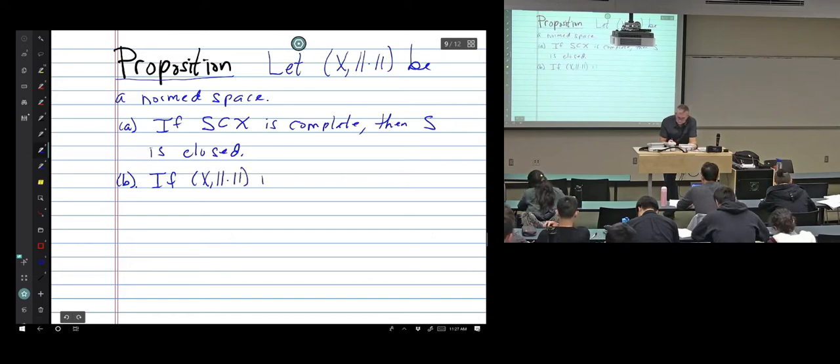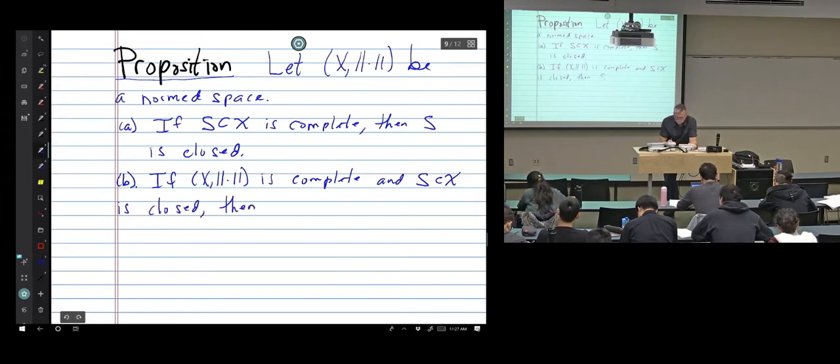If the normed space is complete, and S contained in X is closed, then S is complete.